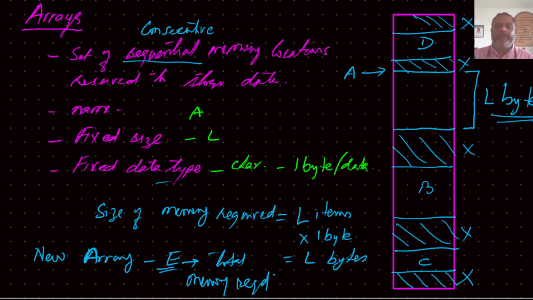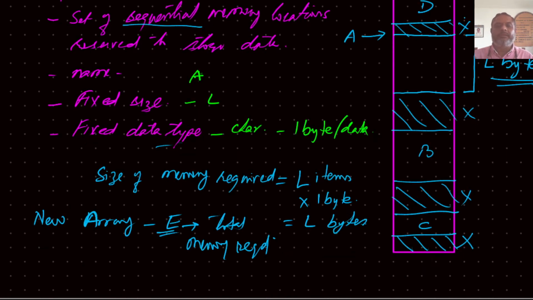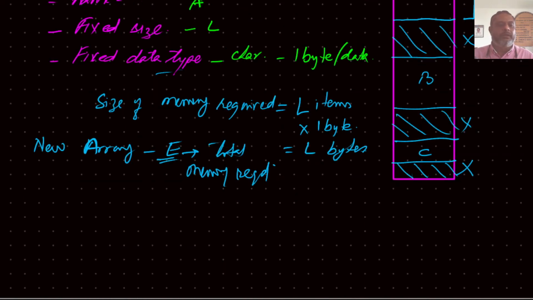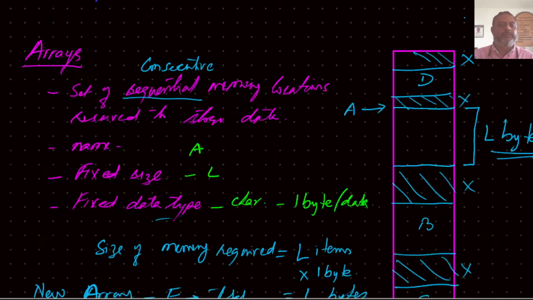But when we try to implement this as an array, it says no memory, so implementation of this array fails. So that's one drawback of this array.